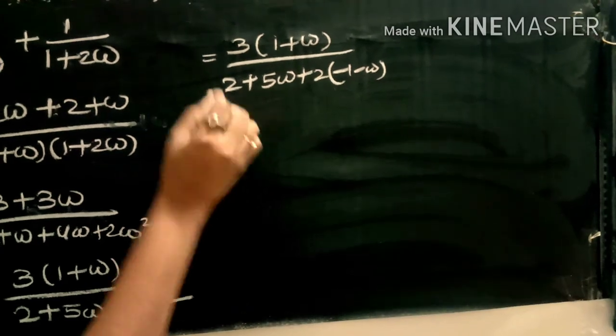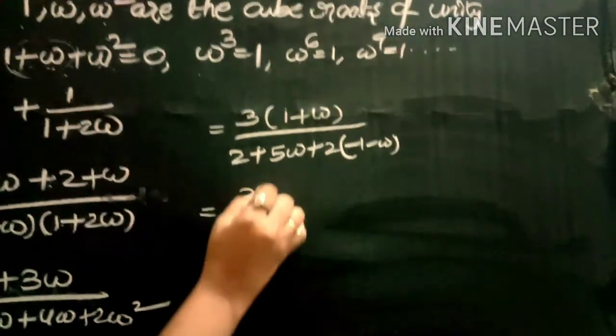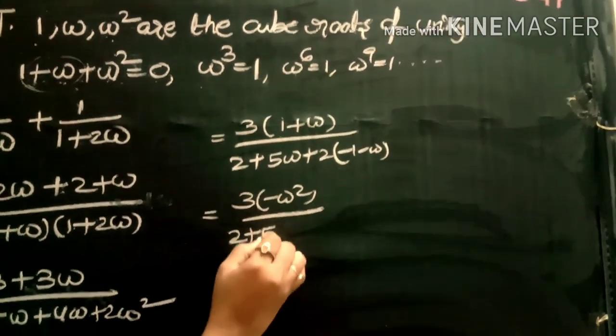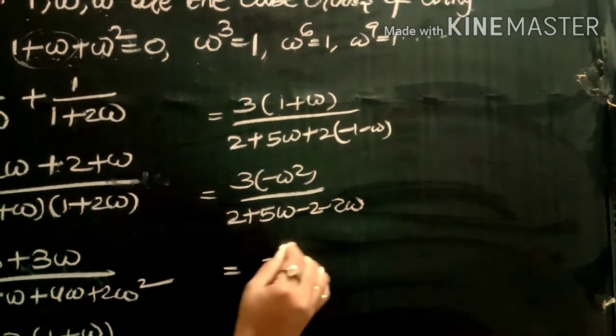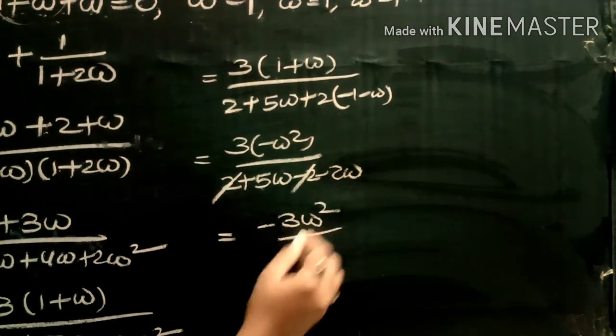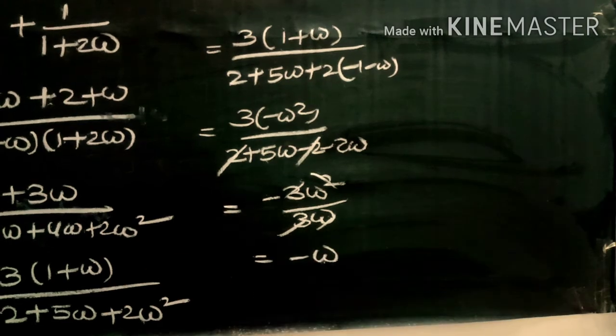Now this is 3 into 1 plus omega, and 1 plus omega is equal to minus omega square, so minus 3 omega square by 2 plus 5 omega minus 2 minus 2 omega, which is minus 3 omega square by 3 omega. Now this gives the value minus omega.